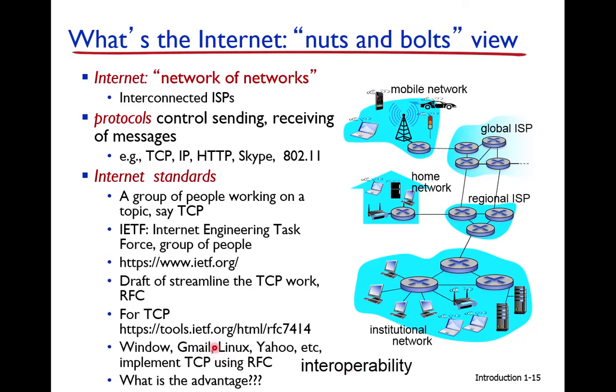Similarly, Linux. So this is called standardization. This RFC is the standard implementation of the TCP protocol. Whoever wants to implement TCP on the internet, for example a vendor, Linux, Yahoo, whatsoever, must follow this RFC.